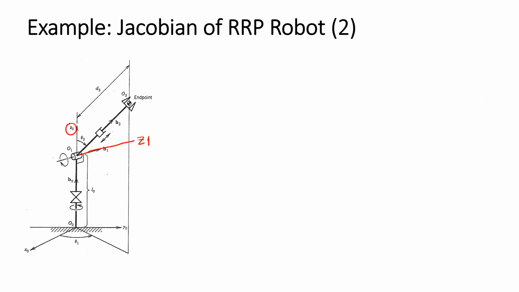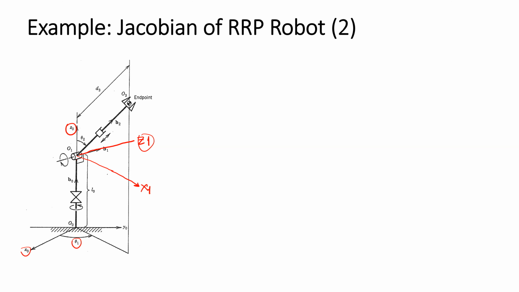We have C0, we have C1, and we know that X and Y maybe in this case, theta 1 should indicate how the x1 deviates from the x0.